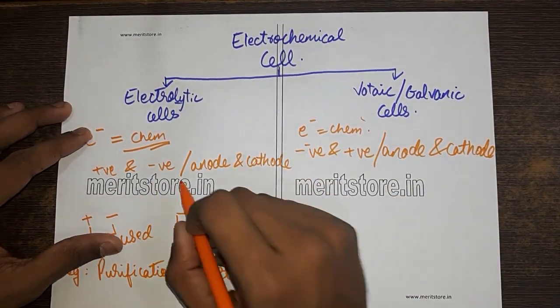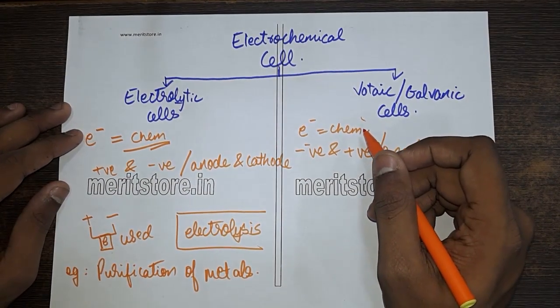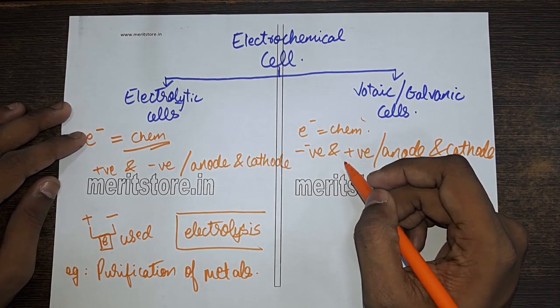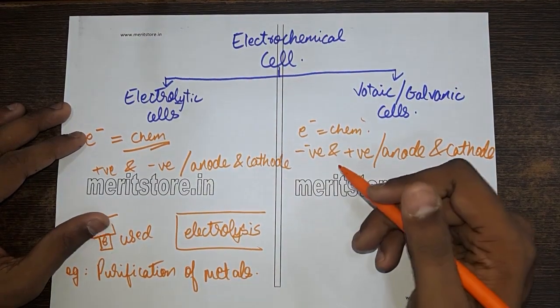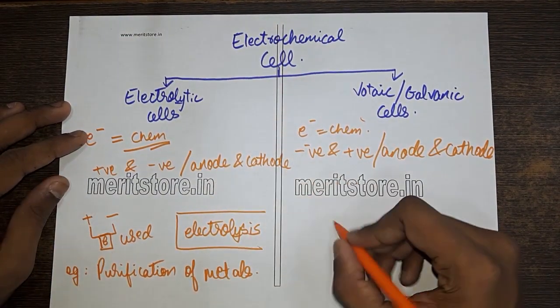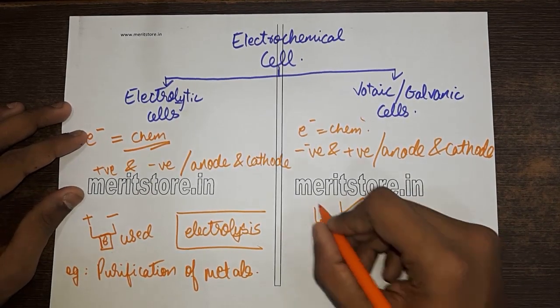You see, they are opposites of each other. Spontaneous chemical reaction occurs by itself and generates electricity. The direct current is produced by cell due to spontaneous chemical reactions. As compared to electrolytic cells, an external battery or power is not required.